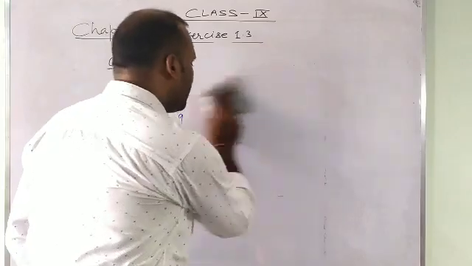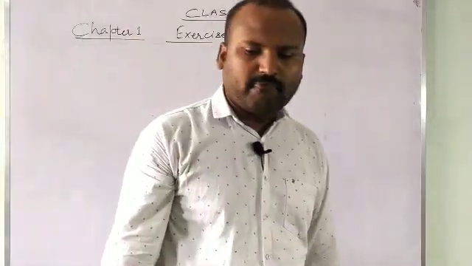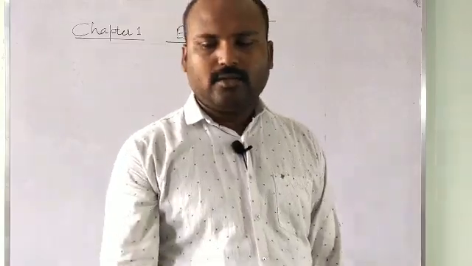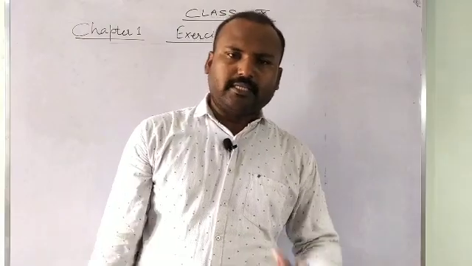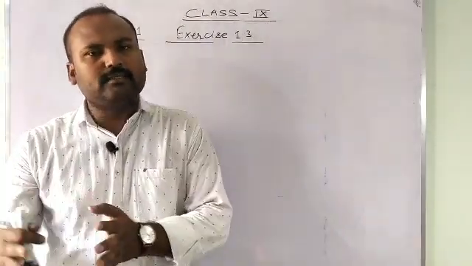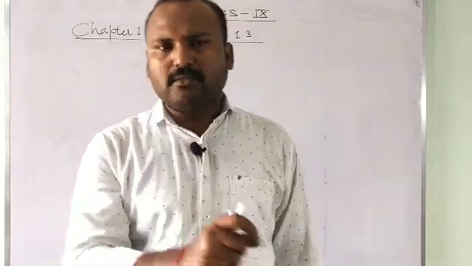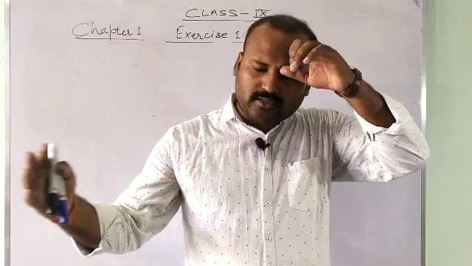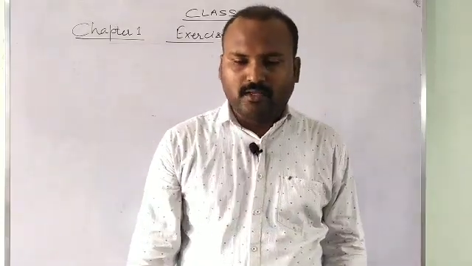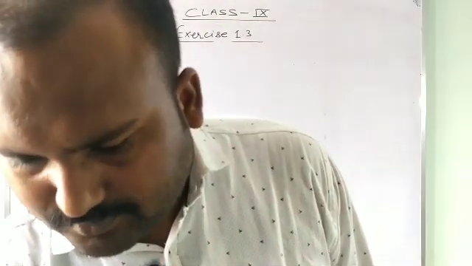It means we have to divide 1 by 17 and then check whether it is a non-terminating repeating decimal or non-terminating non-repeating decimal. If you divide, after a few digits, you will get particular digits repeating on the right side of the decimal.